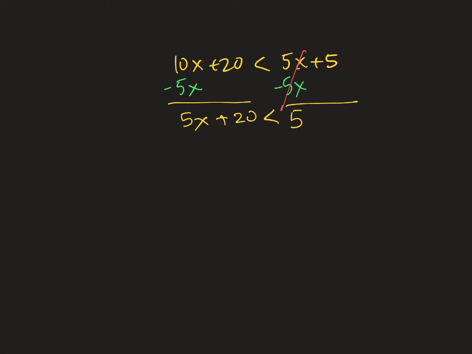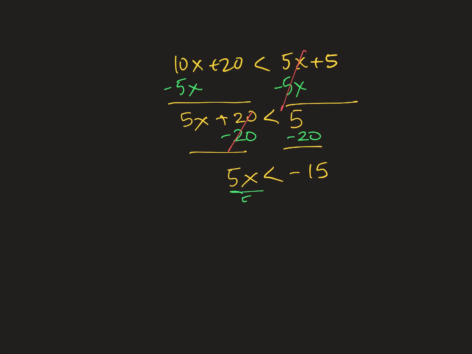And now we're almost back to autopilot. So I'm going to go quickly through this. I'm going to subtract my 20. 5x is less than 5 minus 20, which is negative 15. Last step to isolate x is I have to divide by 5.